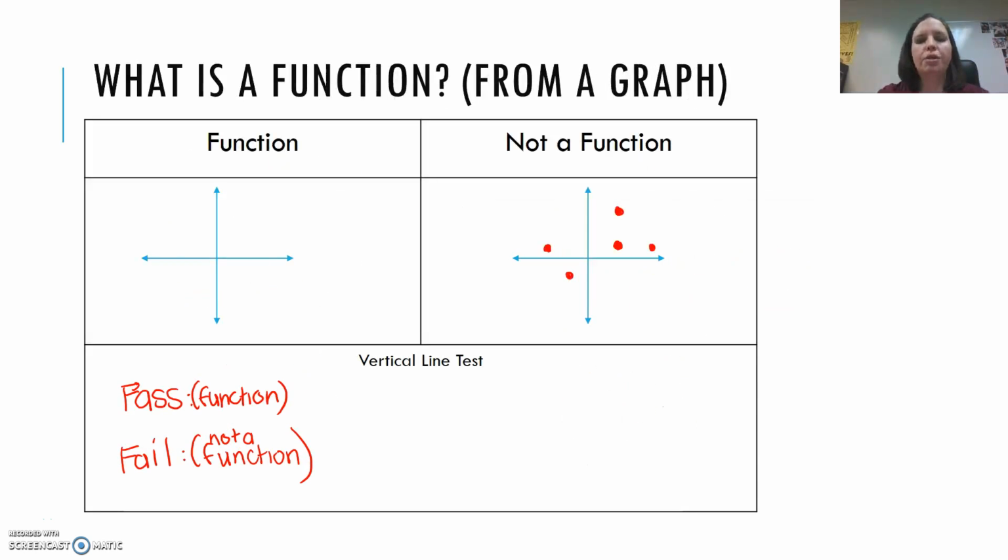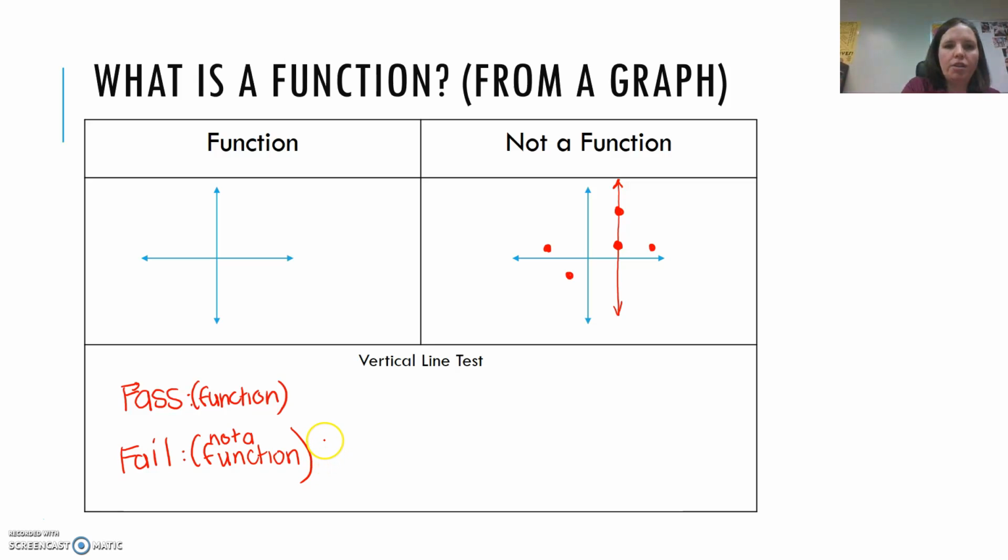Oh, sorry, computer issues. So when we're talking about the vertical line test and failing it, it meant that I could draw a vertical line, which is only up and down, no diagonal portion to it. Why is this not a function?